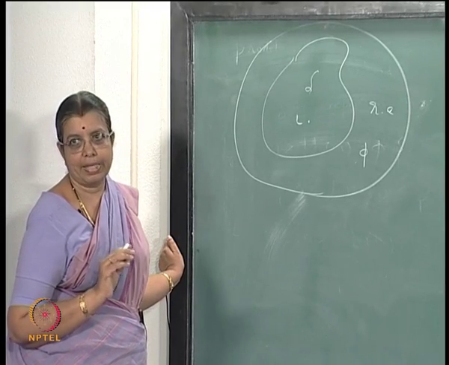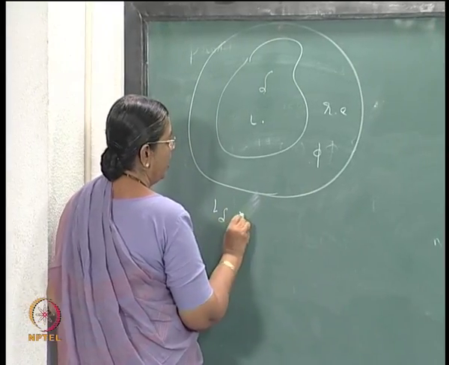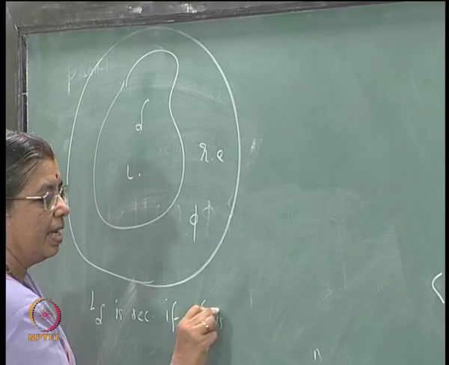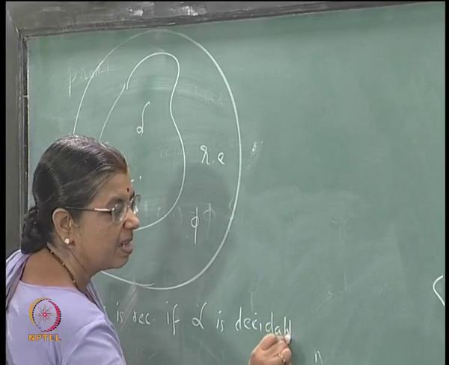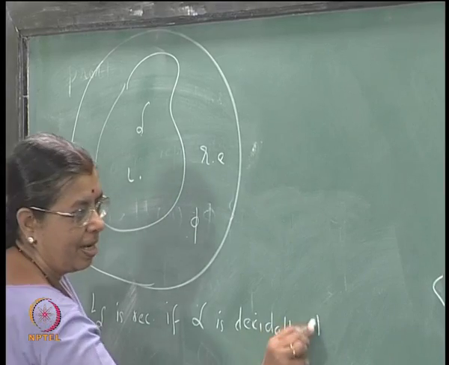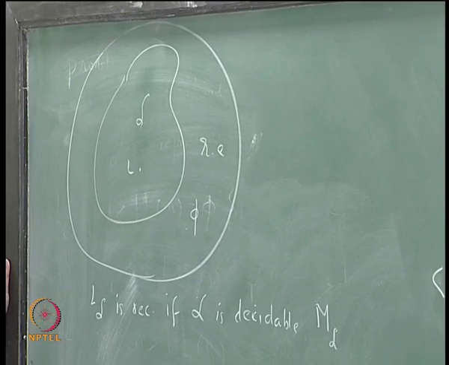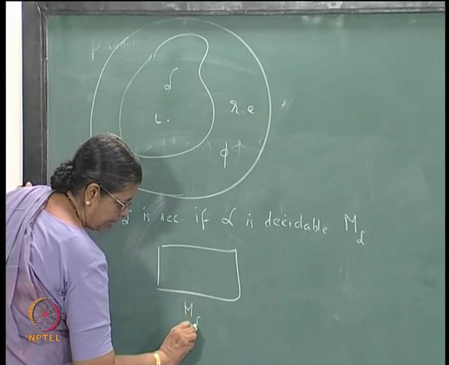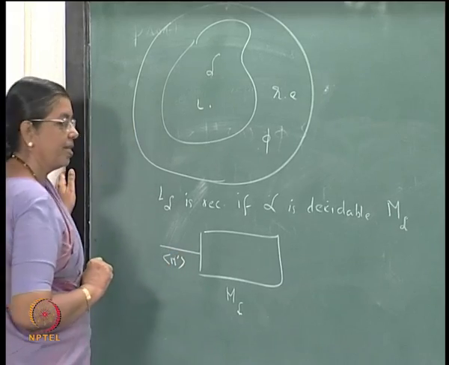It has to be recursive. L of S is recursive if S is decidable. So, there will be a Turing machine MS for that. Now, this is the Turing machine MS. For this, give the encoding of M dash.